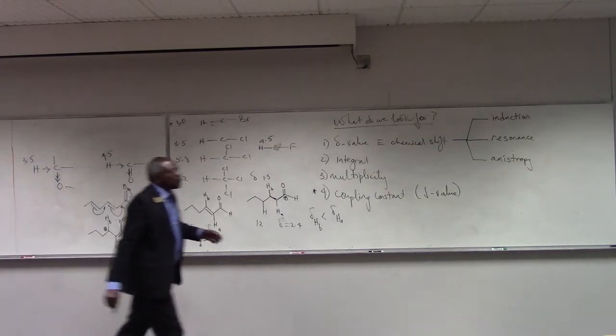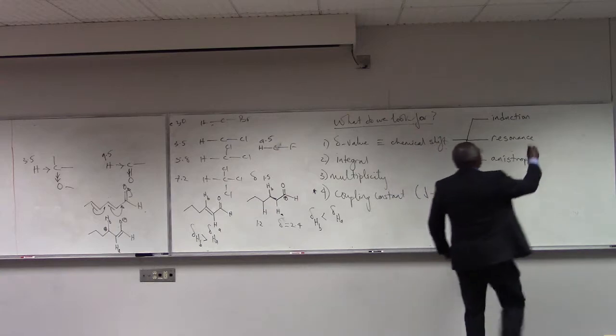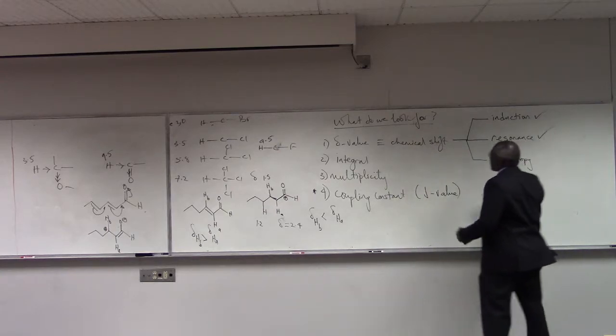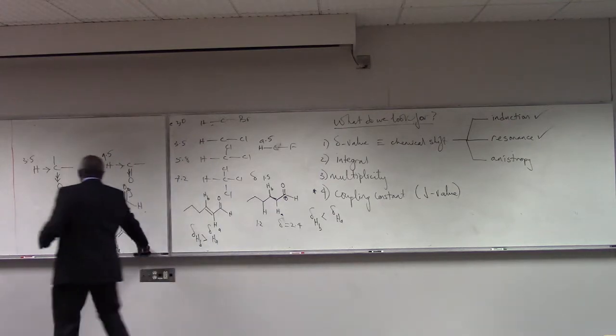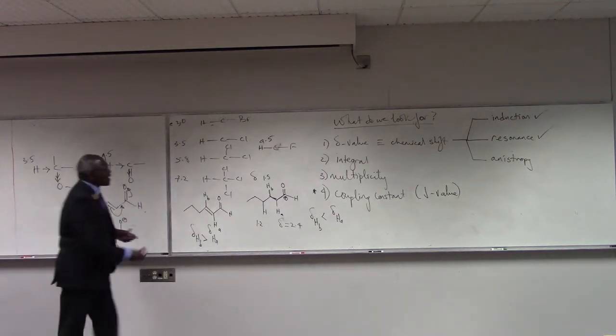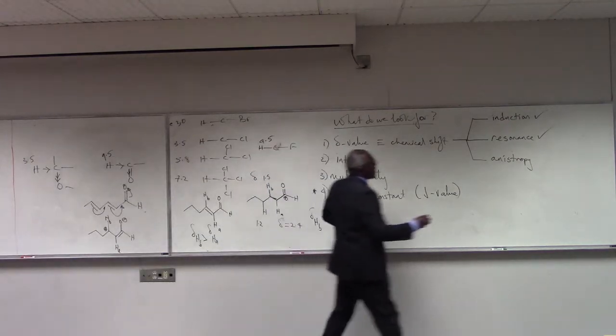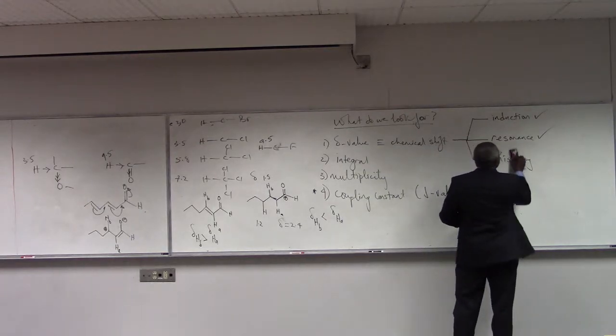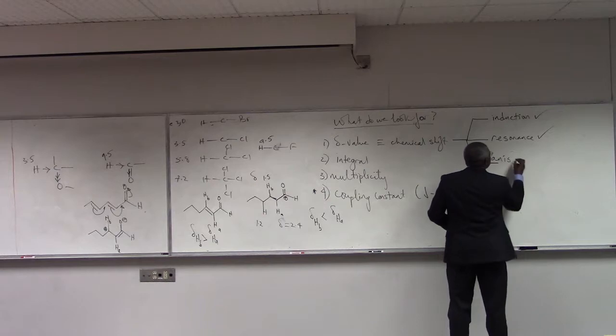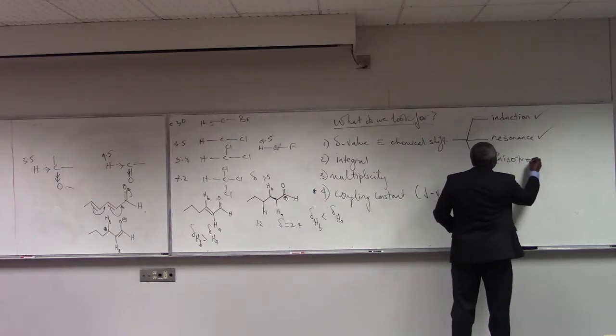Okay, so we can look at the effects of induction and resonance on the chemical shift. The other factor is anisotropy. And anisotropy literally means that it is, oops, I spelled this wrong. This is anisotropy.